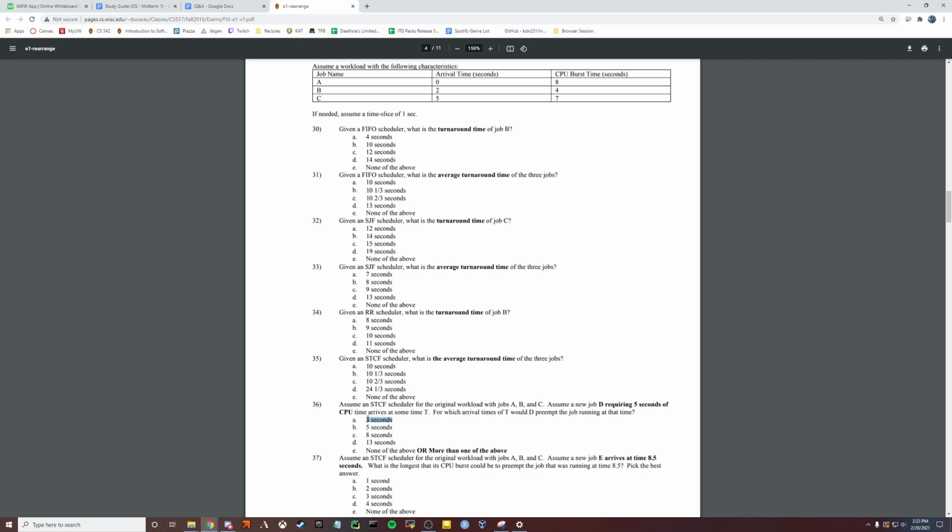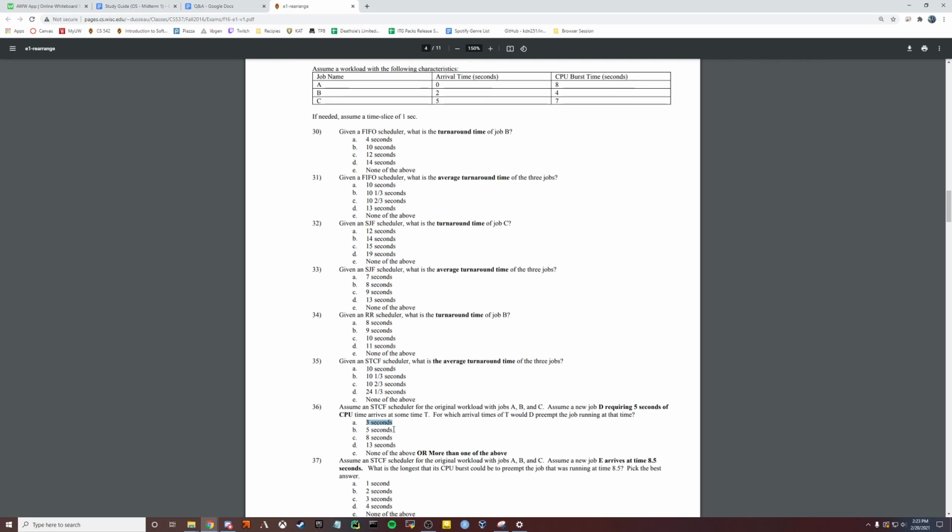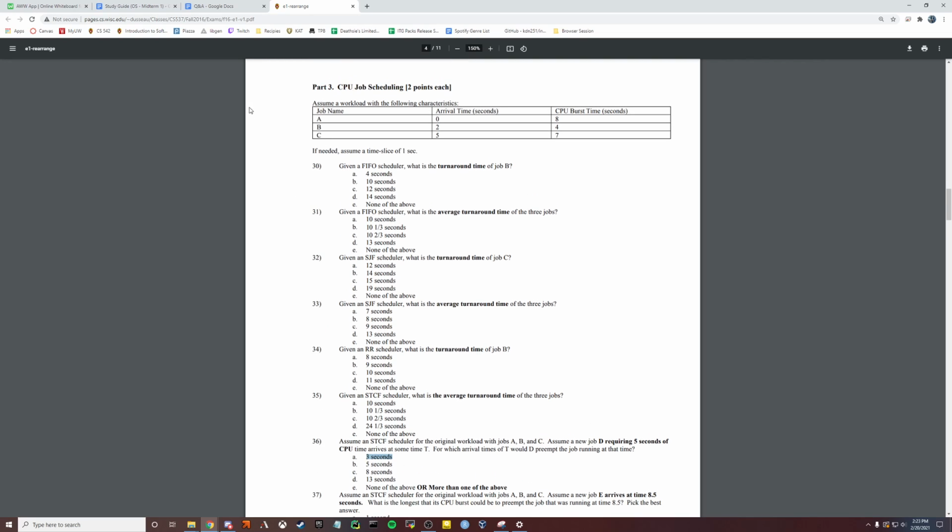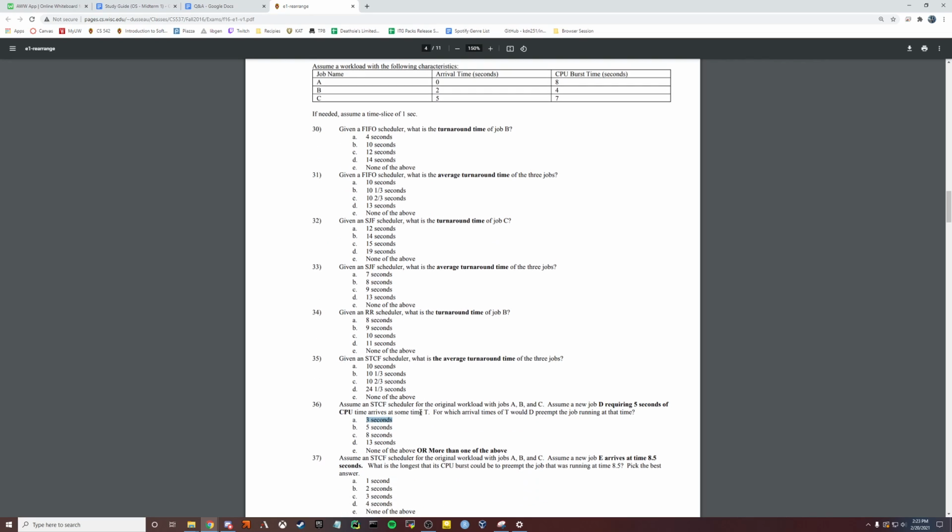So A would keep running, so 3 seconds is not accurate. At 5 seconds, B would be running, so it would not preempt it. And at 8 seconds, we decided that A would be running and it would not preempt it. So is it none of these?